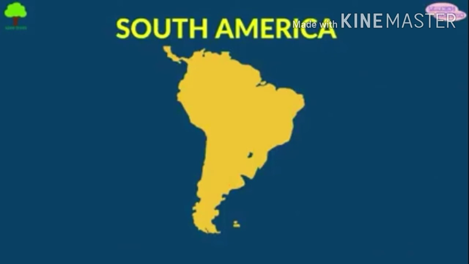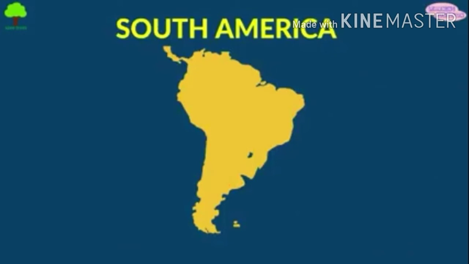The Pacific Ocean lies to the west of this continent, and it is connected to North America through a narrow piece of land called the Isthmus of Panama. What is meant by isthmus? A narrow strip of land with water on each side that joins two larger pieces of land.